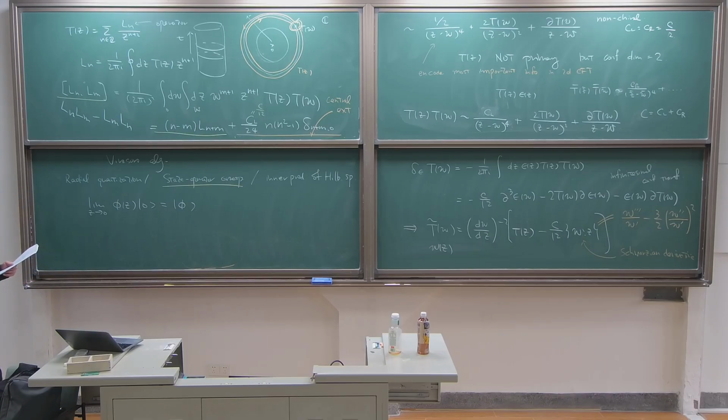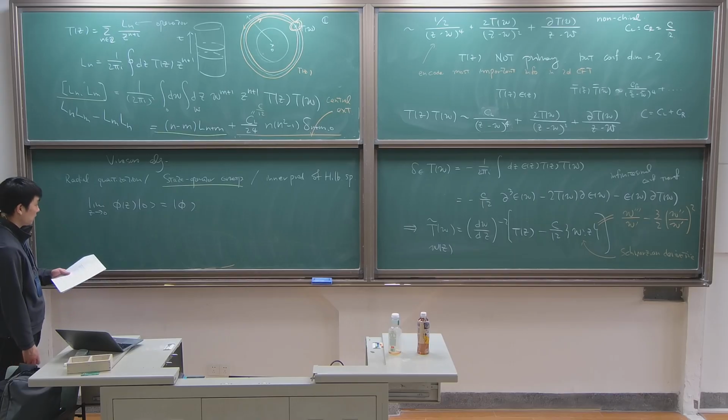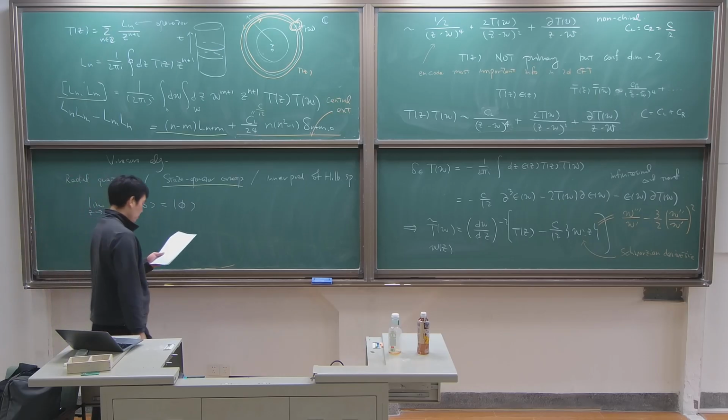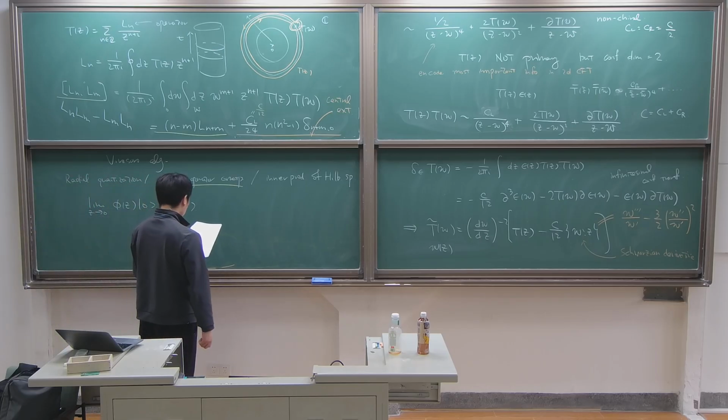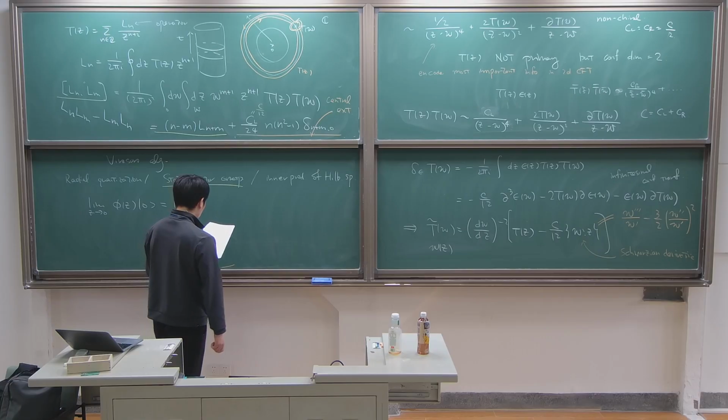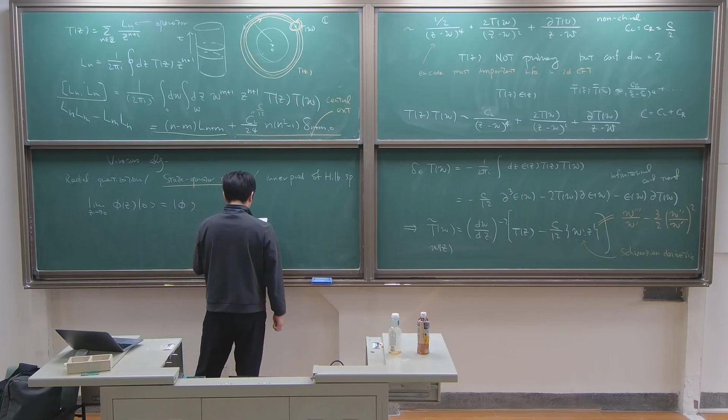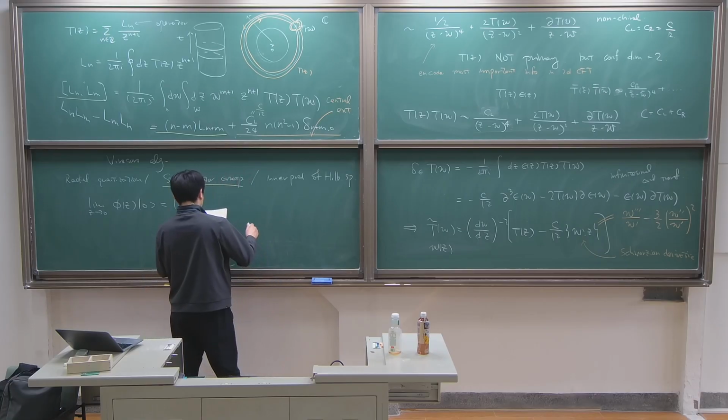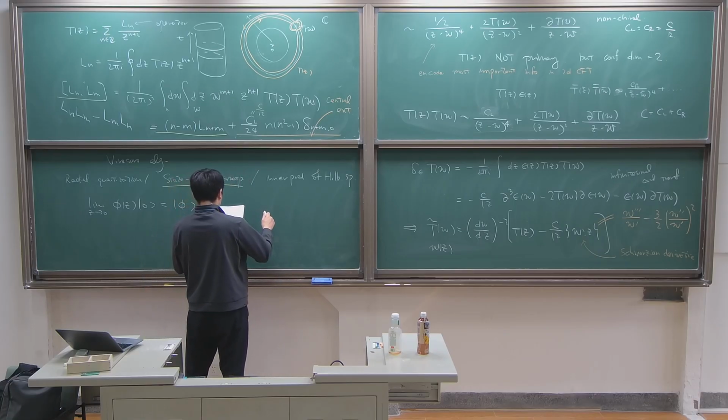And then we want to define the inner product in Hilbert space. To define it, what we need to do is take the conjugate, mapping z goes to 1 over z bar.